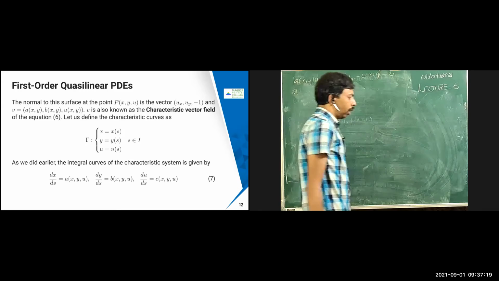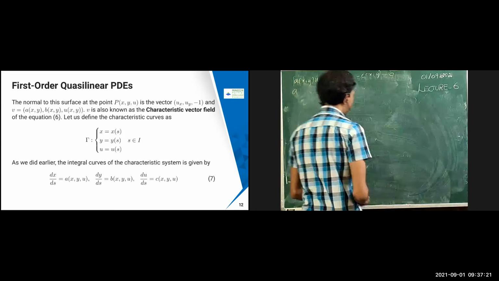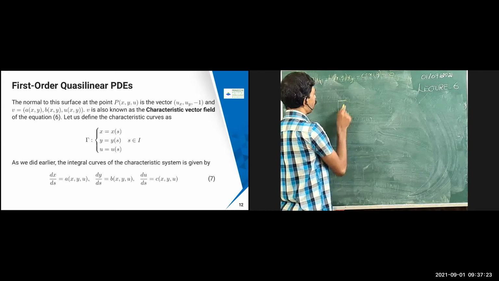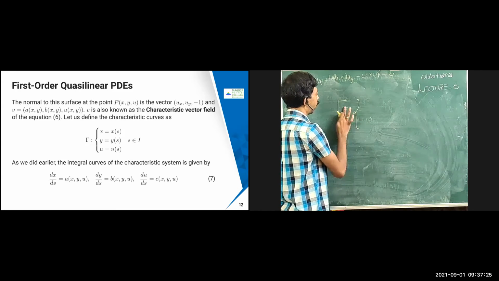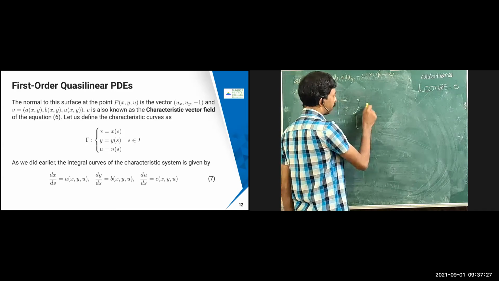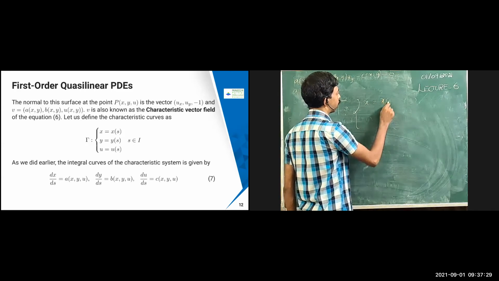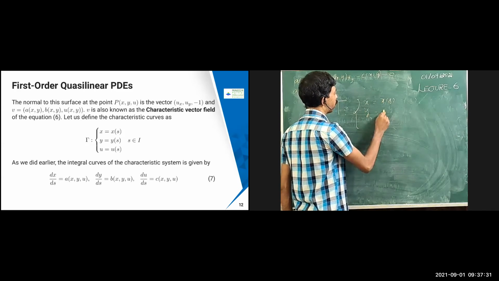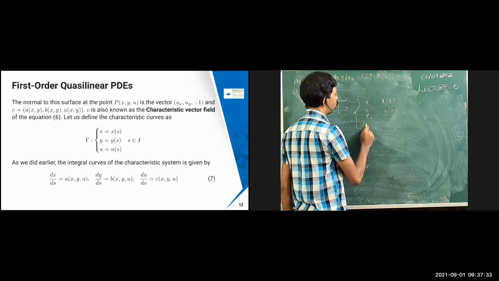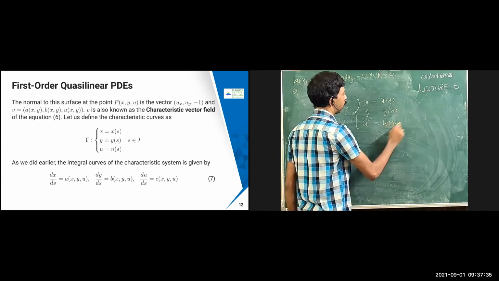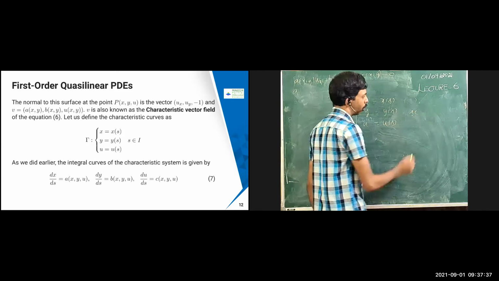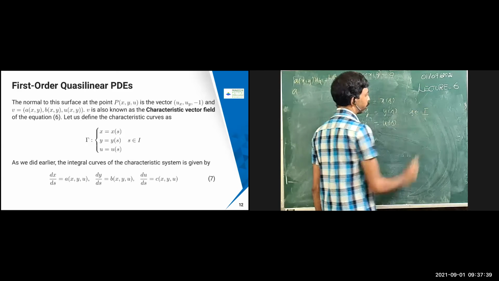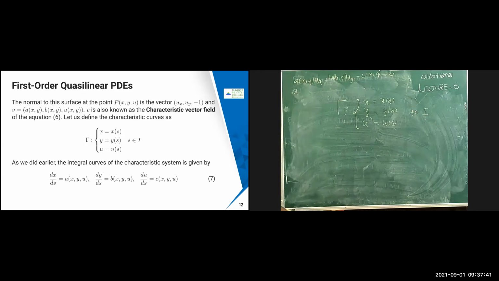In this case, I'm going to define a characteristic curve as follows: gamma, which is nothing but x equal to x of s, y equal to y of s, and u equal to u of s, where s belongs to some interval I. So this is my characteristic curve.